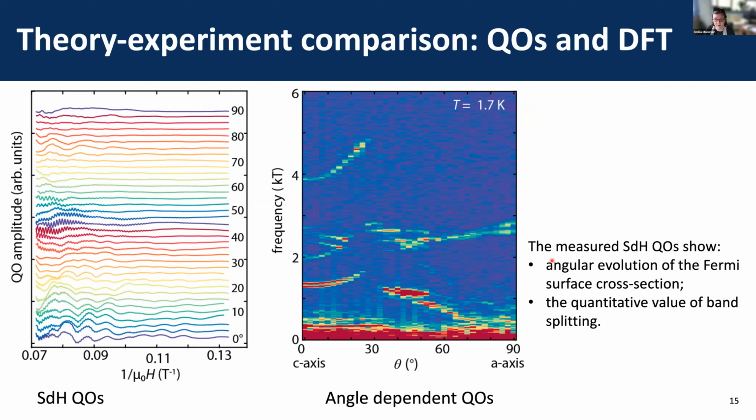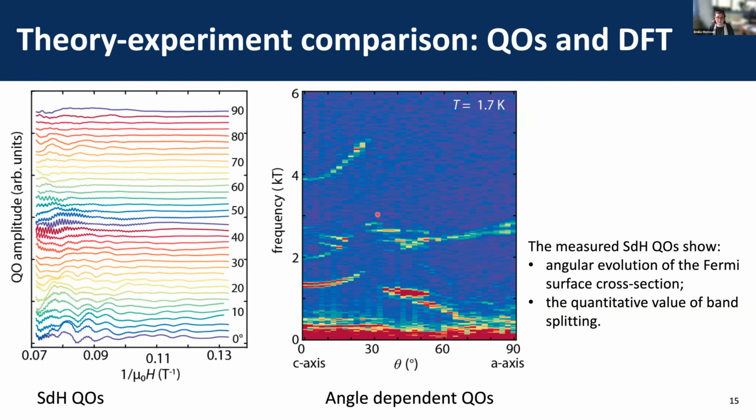Beyond the ARPES data, we have compared our DFT calculations with quantum oscillation measurements. And here are the quantum oscillation measurements in one particular case for different angles of the applied magnetic field.